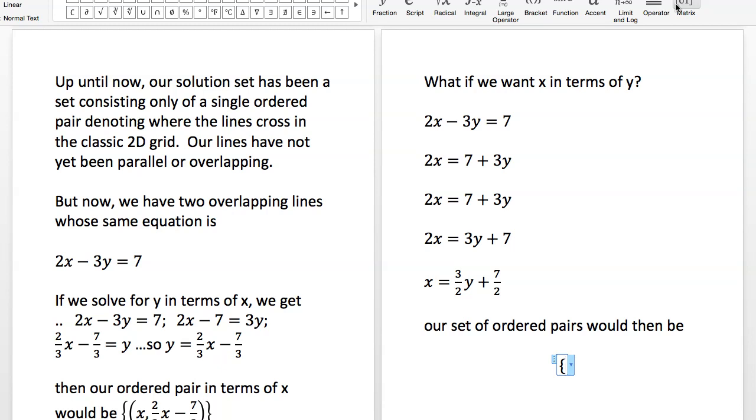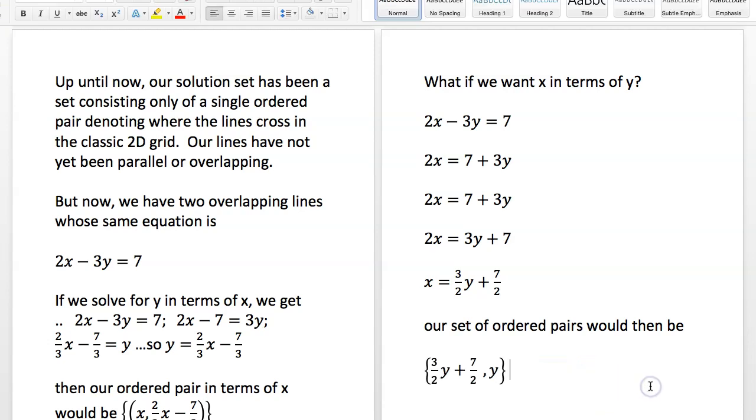Now here, guys, here's the dig. You'd put the complicated thing first. Sorry, that was bad. So we have 3/2 y. You'd put the complicated thing first, and then comma, then you put your y second, because y is the simplistic thing this time.